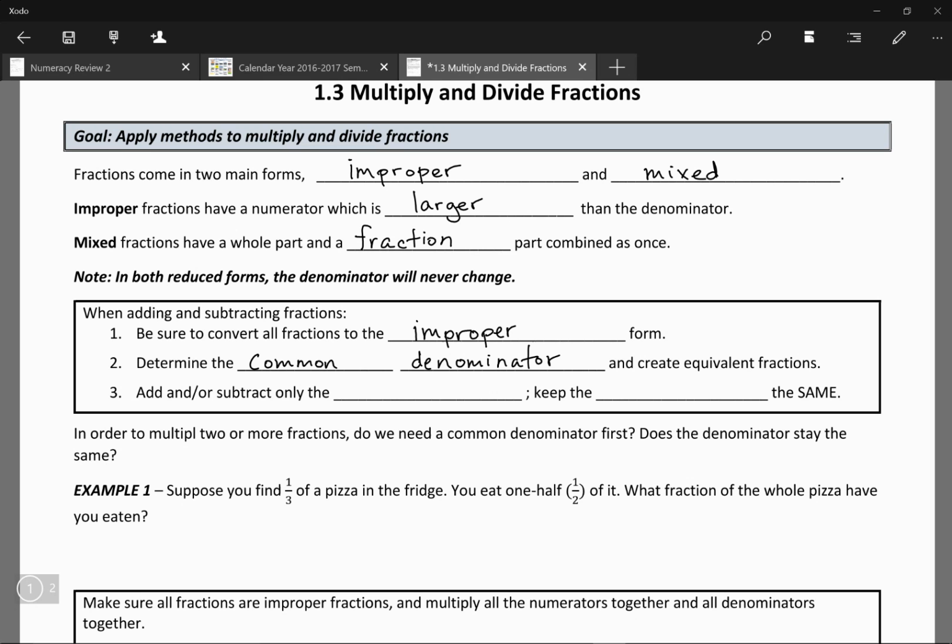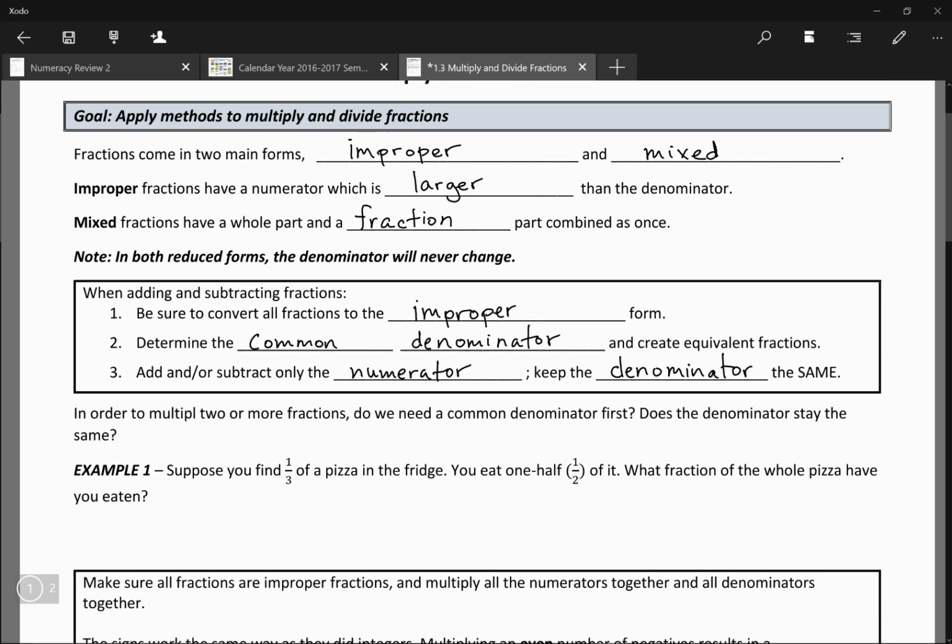And number 3, add and or subtract only the numerator and keep the denominator the same. So this is just a kind of a review of what we were doing yesterday.